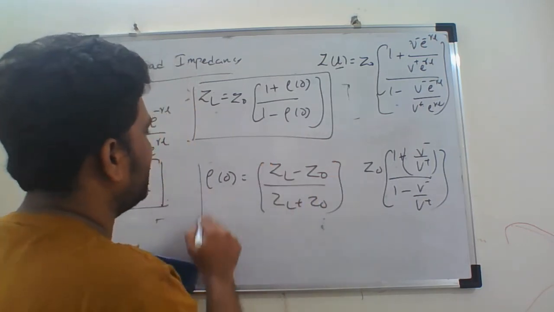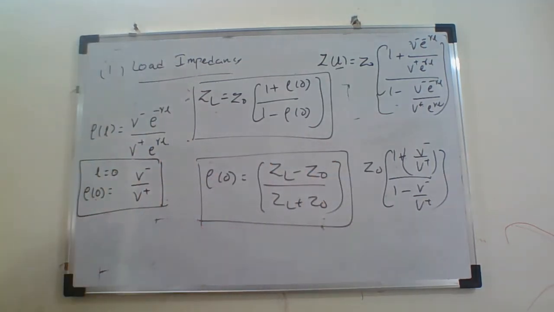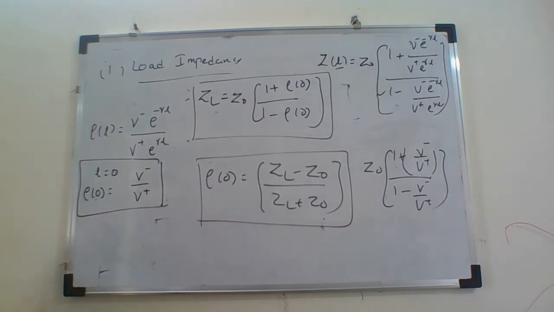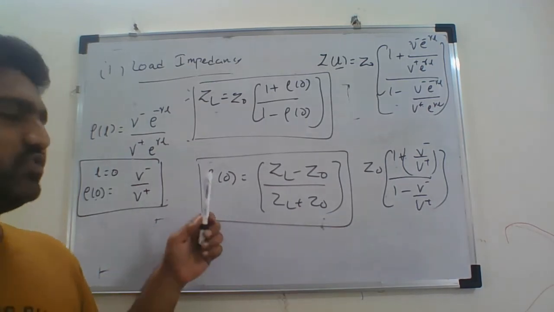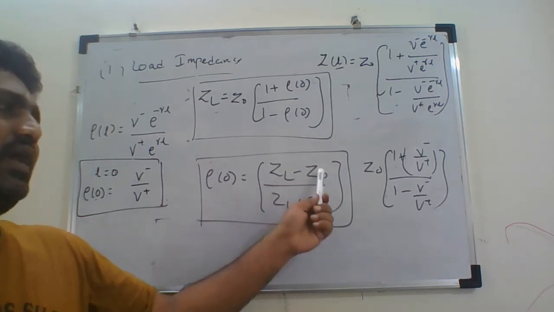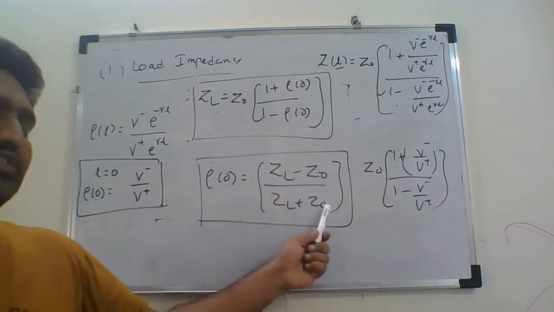This is another important relation. L equal to 0 means the reflection coefficient at the load. So the reflection coefficient at the load is the load impedance minus the characteristic impedance, divided by the load impedance plus the characteristic impedance.